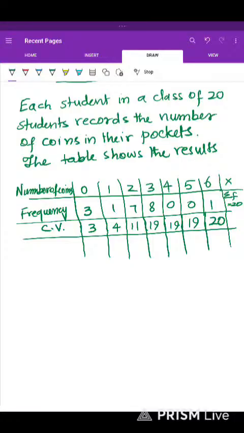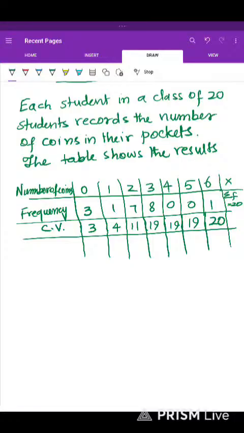We are now solving a question where median is asked and where mean is required. It is the data collected from students of a class. There are 20 students sitting in the class, and they have coins in their pocket.